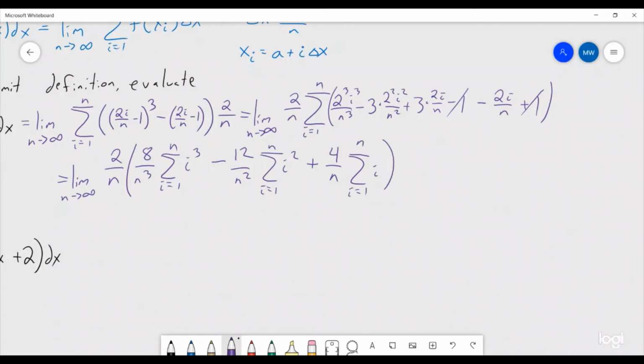Now, when we evaluate these, we've got the limit as n goes to infinity of 16 over n to the 4th times n plus 1 over 2 squared.